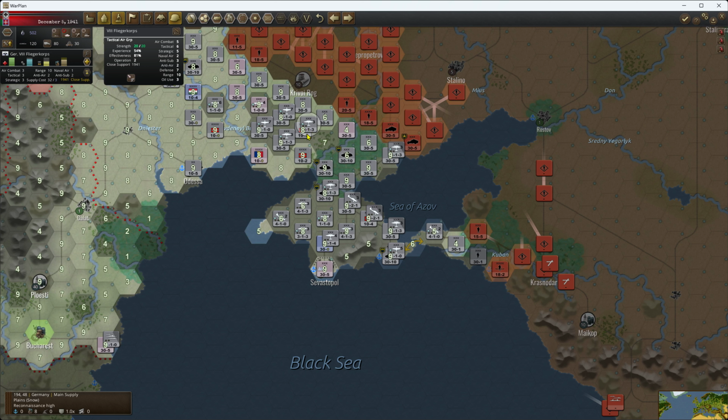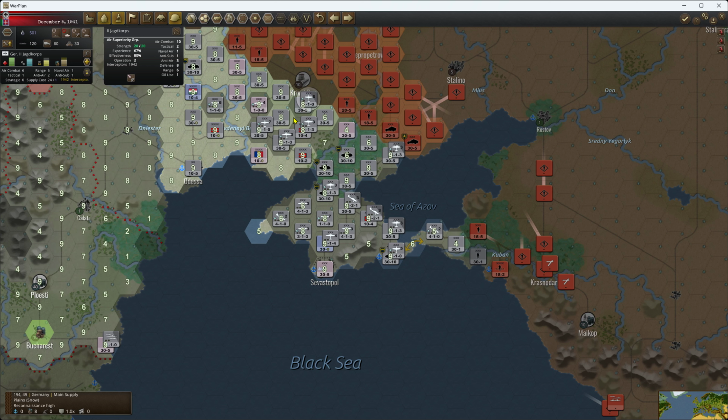Oh, it's got 3 tactical. Okay, that's a bomber. Here's a fighter. I'll move them up there. Move them up there.